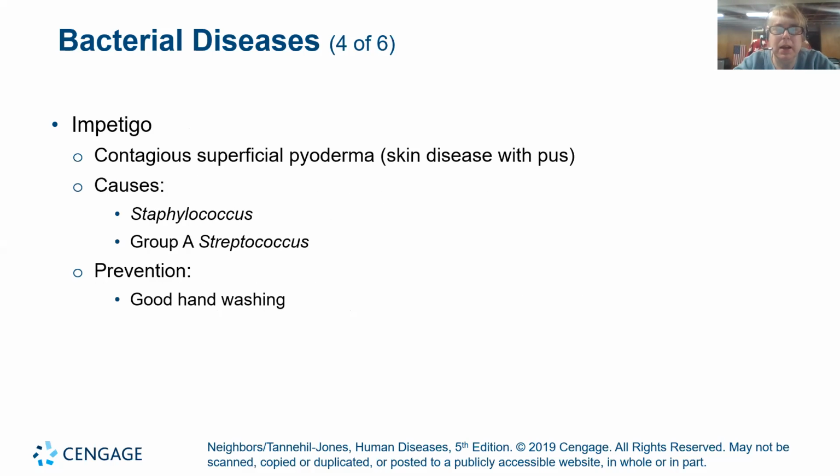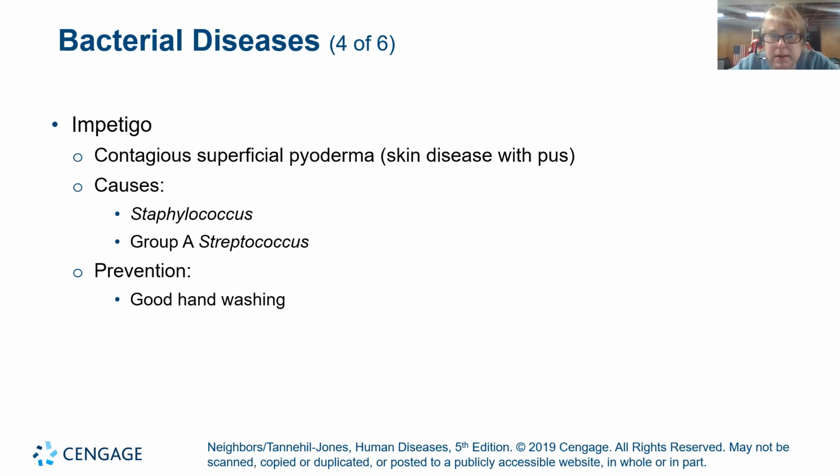Impetigo. Impetigo is a contagious disease. It's a superficial skin disease where little pustules fill with pus, okay? And it's usually caused by staph or group A strep. Both of these things grow on our skin normally. It's when they start to overgrow that you get the impetigo.